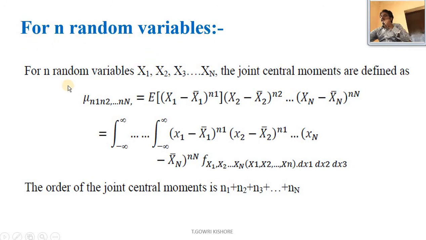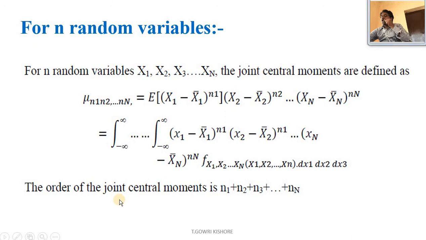So for n random variables x1 comma x2 comma x3 and so on up to xn, the joint central moment is defined as mu n1 n2 and so on nn equal to expectation of (x1 minus x1 bar) whole power of n1 into (x2 minus x2 bar) whole power of n2 and so on, (xn minus xn bar) whole power of nn, that is equal to integral from minus infinity to infinity and so on, of (x1 minus x1 bar) whole power of n1 into (x2 minus x2 bar) whole power of n2 and so on, (xn minus xn bar) whole power of nn into f of x1 comma x2 and so on xn into dx1 into dx2 into dx3.